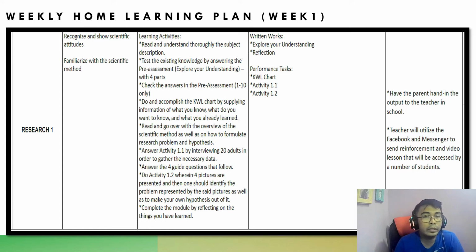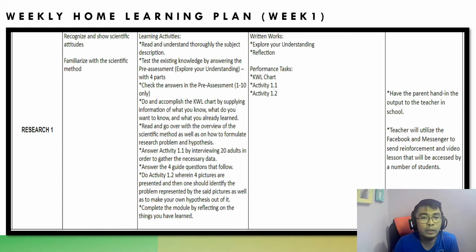First, I want you to read and understand thoroughly the subject description, and then test your existing knowledge by answering the pre-assessment entitled Explore Your Understanding with 4 different points, and then check the answers in the pre-assessment 1 to 10 only. Followed by, you need to accomplish the KWL chart by supplying information of what you know, what you want to know, and what you have already learned.